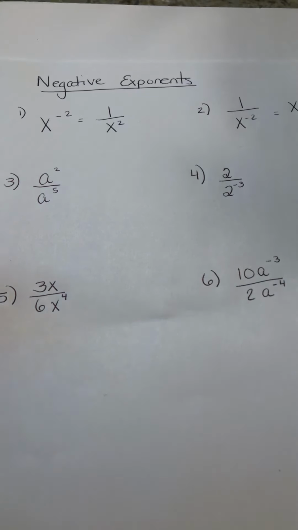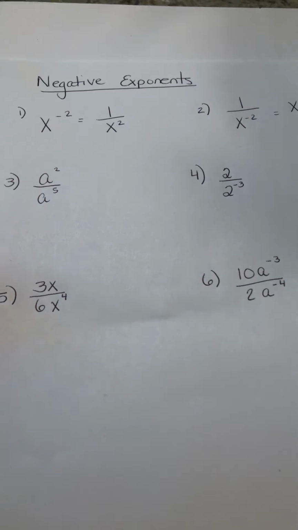which is 16. Another way to think about this problem, and it's really all about personal preference here, is to first change places. This 2 has a negative 3 for an exponent. This negative 3 is not happy where it is. So I can take that 2 to the first and leave it where it is and move this to the top.